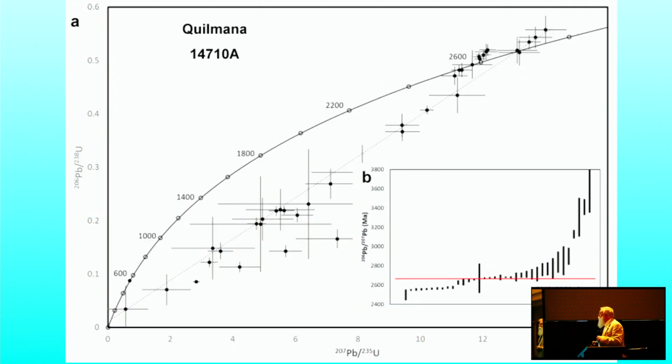Okay, you can see this kind of curved line is the Concordia line. Notice it's not a straight line, okay? And in fact, if you look at most of these, they don't lie on the Concordia line, they lie on this line right here, more or less.